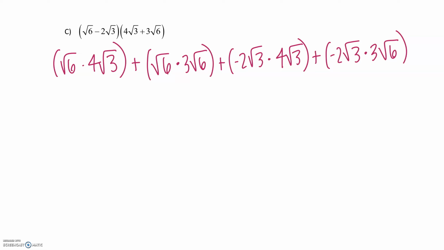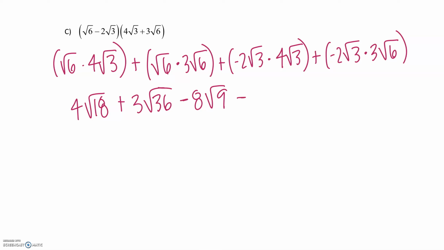So that gives us 4 square roots of 18 plus 3 square roots of 36 minus 8 square roots of 9 minus 6 square roots of 18.